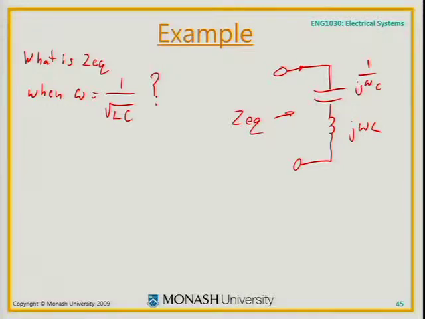What is Z equivalent when ω equals 1 on the square root of LC? Just eternal fame and glory when you yell it out.